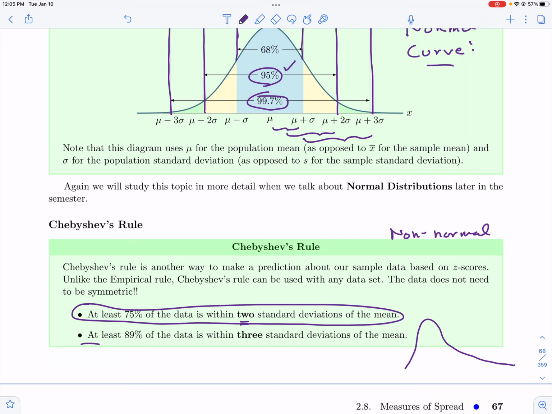If we go out three standard deviations, we can get up to 89%. A far cry from the 99.7 with a nice normal curve, but at least it still gives us a way to estimate where the majority of the people live and talk a little bit about it.